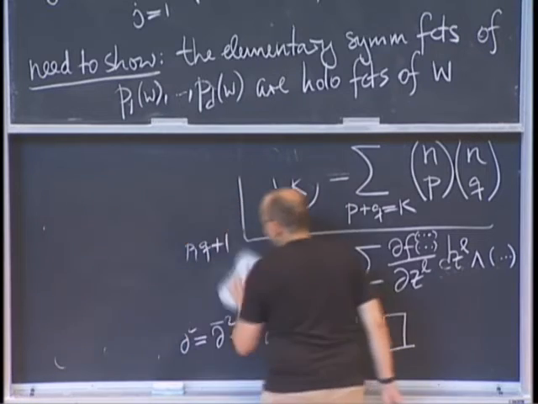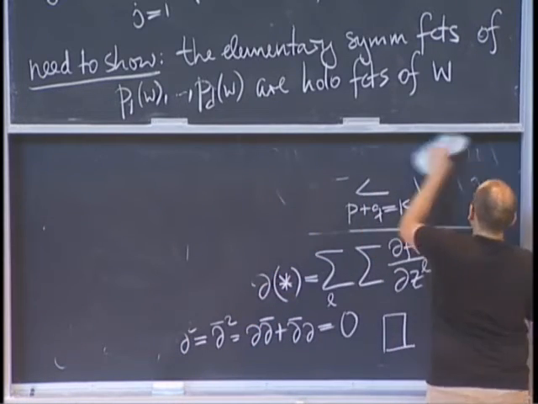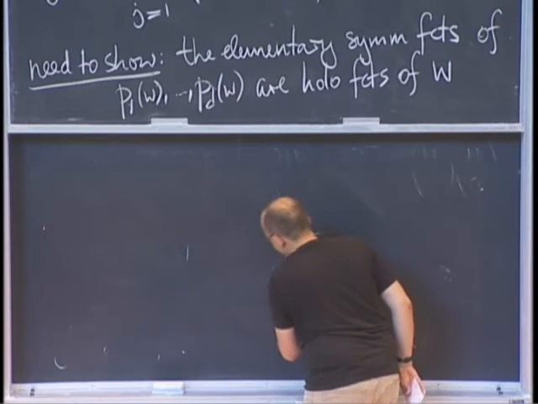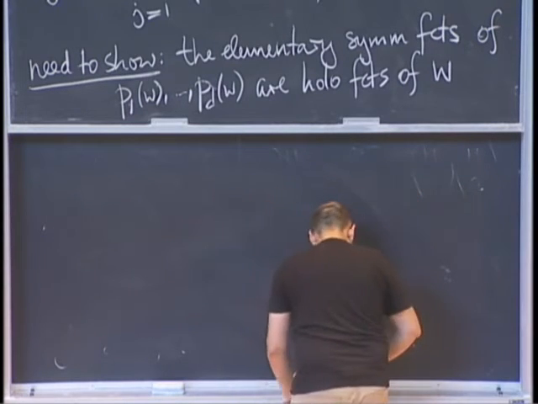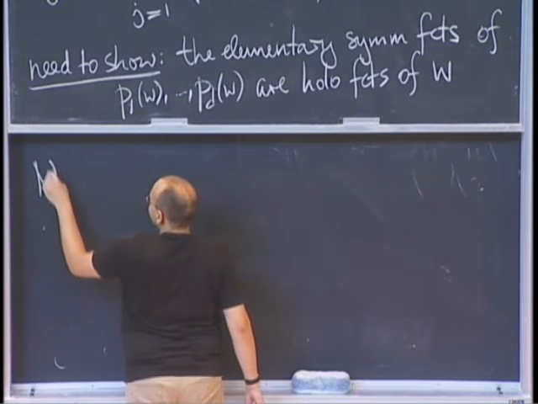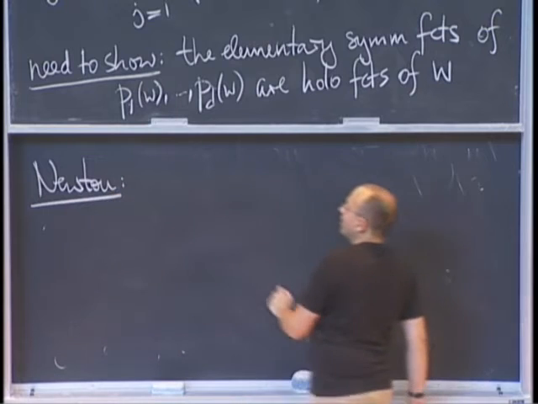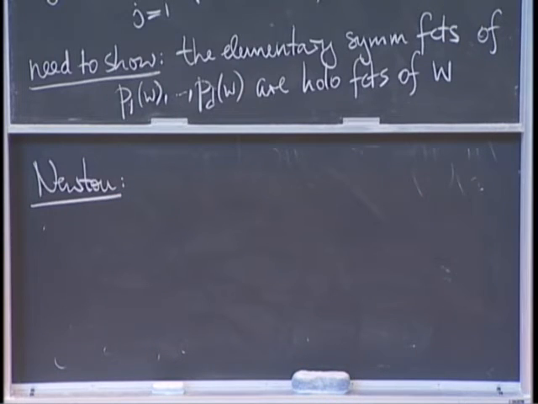So to prove that, we basically go back to Newton. So Newton tells us that every elementary symmetric polynomial in a bunch of variables can be expressed as a polynomial in the power sums of these variables.